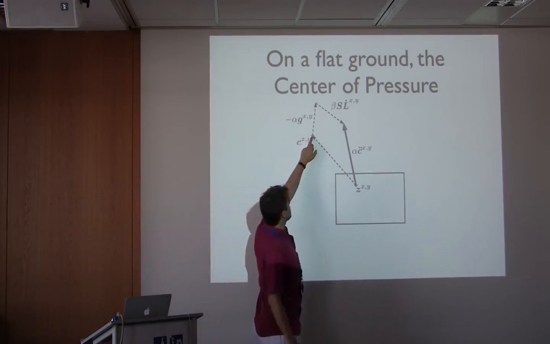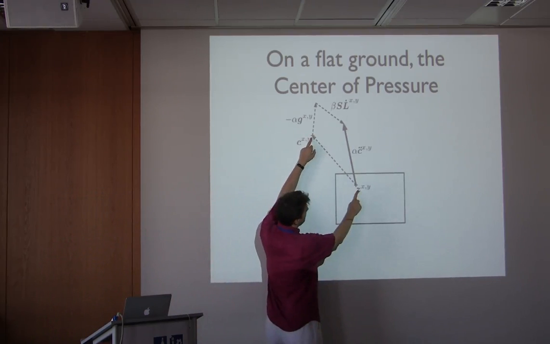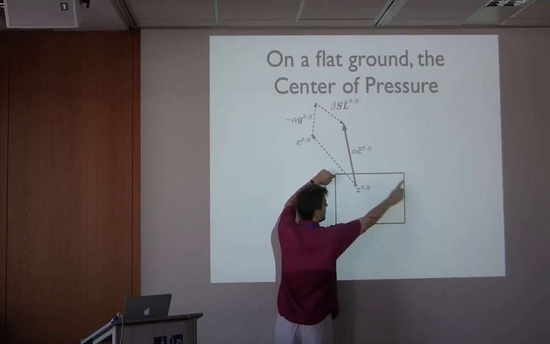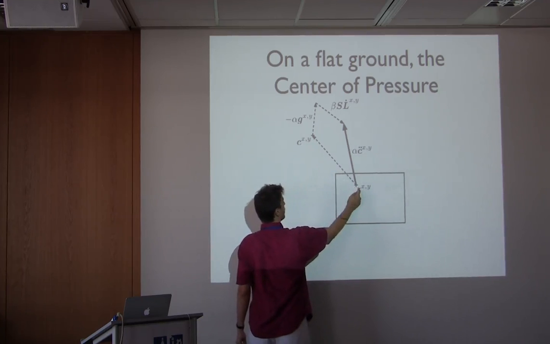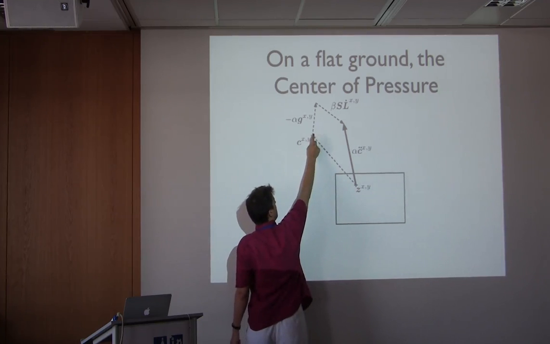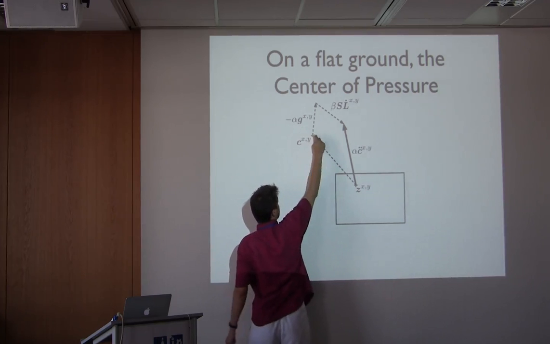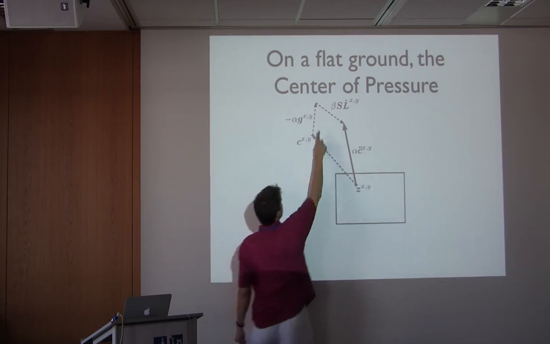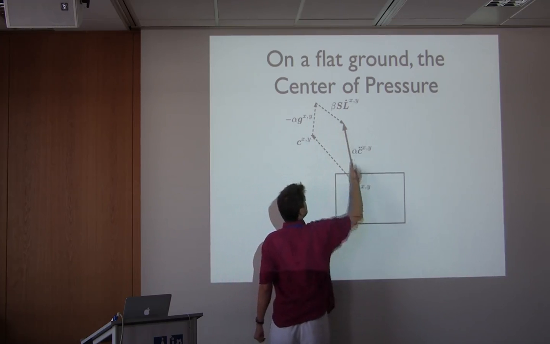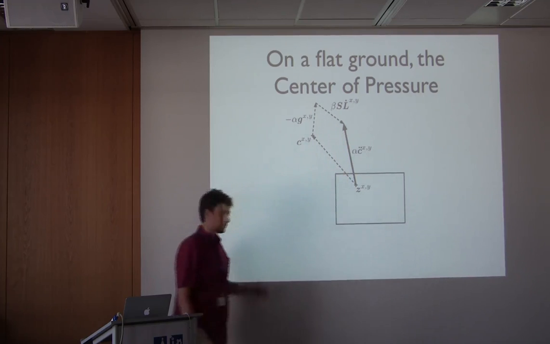If you have the center of mass here, and the center of pressure there, and the center of pressure must stay in the support polygon, you have a vector which goes from Z to the center of pressure. To this vector you add the effect of gravity, if you have some gravity along your plane, and then the angular momentum. And this gives you the acceleration.